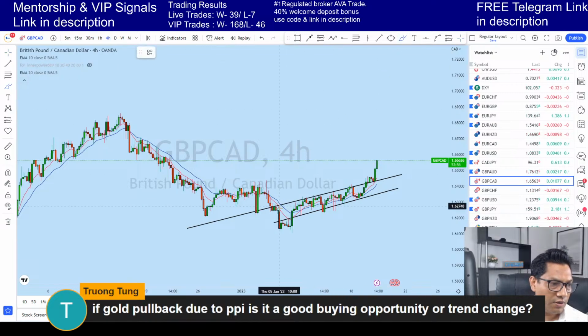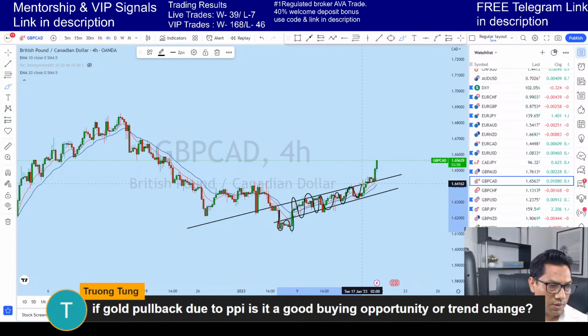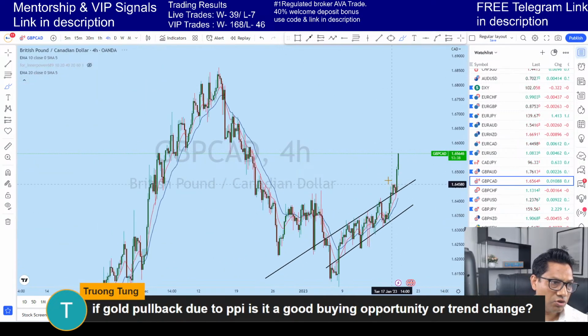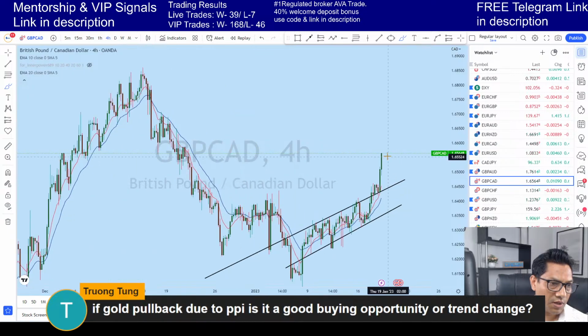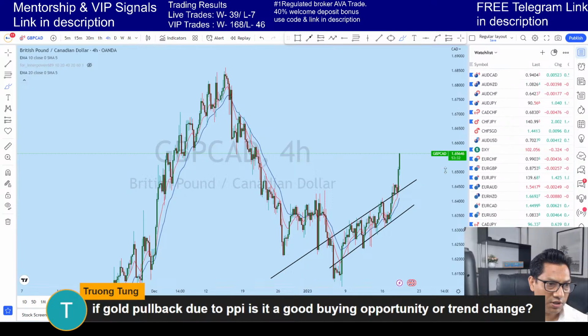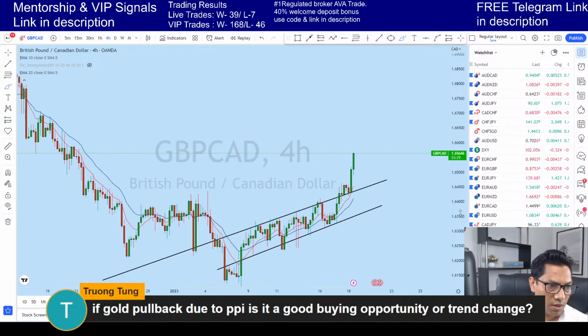There has been a double bottom here, it has broken out and then created this channel, again broken out, corrected to the previous resistance turned support. Now the price has created another movement. GBP CAD is very strongly bullish, and I think it will head almost to this resistance level or even break it.